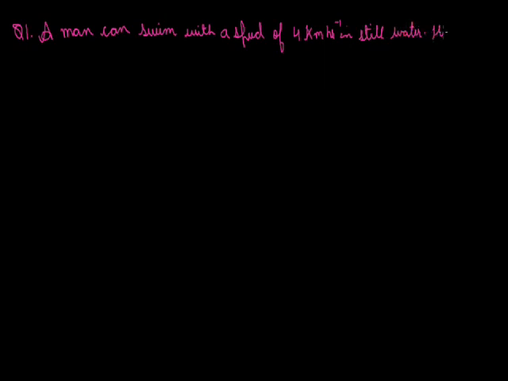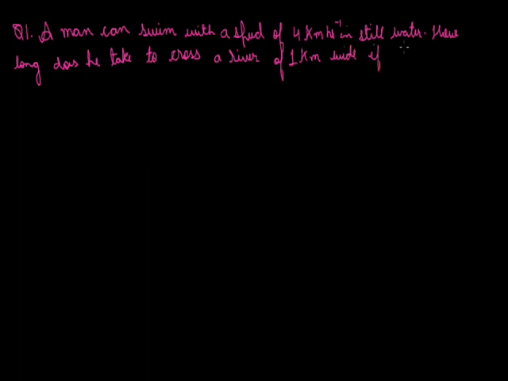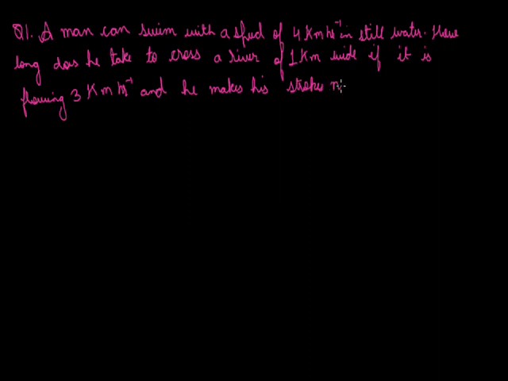How long does he take to cross a river, the width of which is given to us as 1 kilometer, if it is flowing with a constant speed of 3 km per hour and he makes his strokes to swim normal to the river flow, or we can say normal to the river.